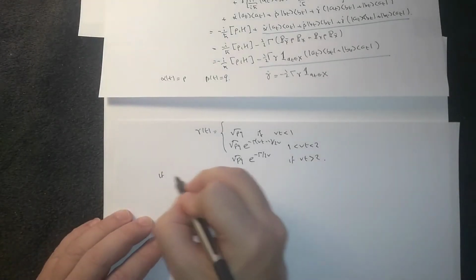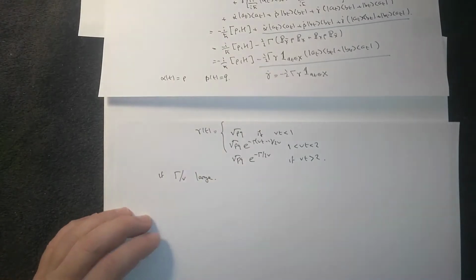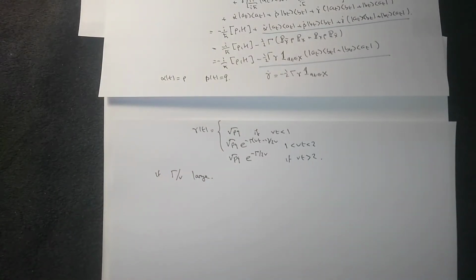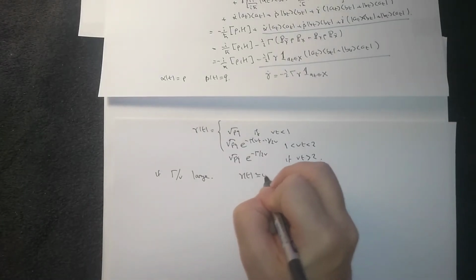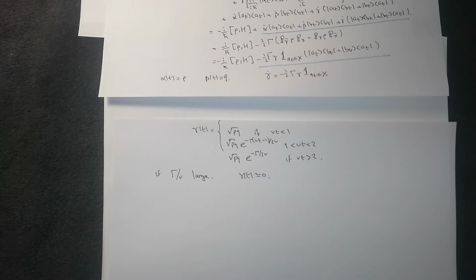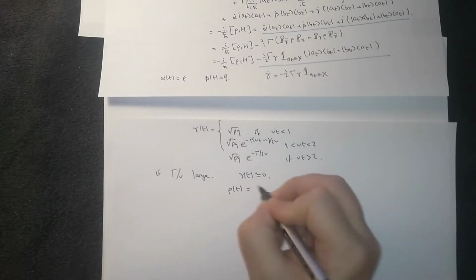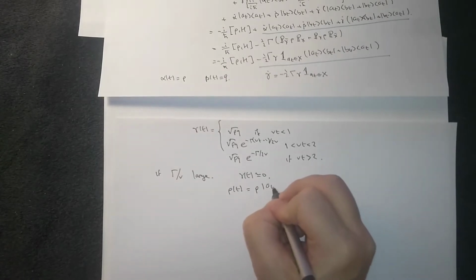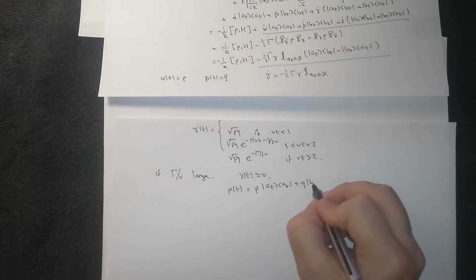Thus, if gamma over v is large, then after A of t has passed through the detector, gamma of t is basically 0 to an excellent approximation, and the density matrix is therefore P times A(t) plus Q times B(t).